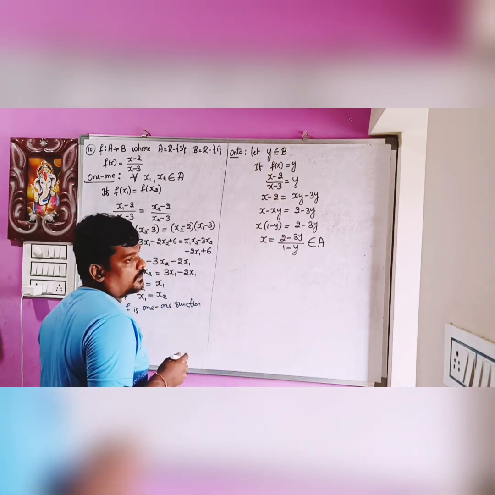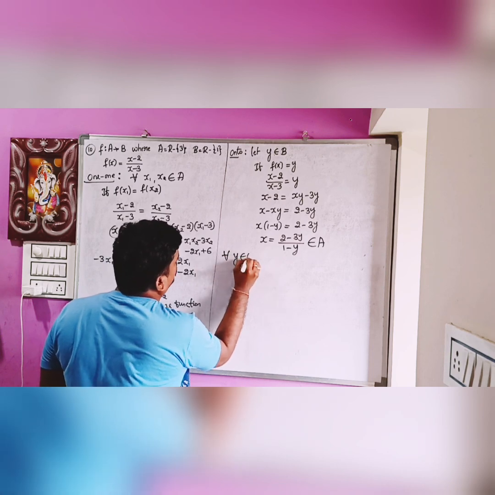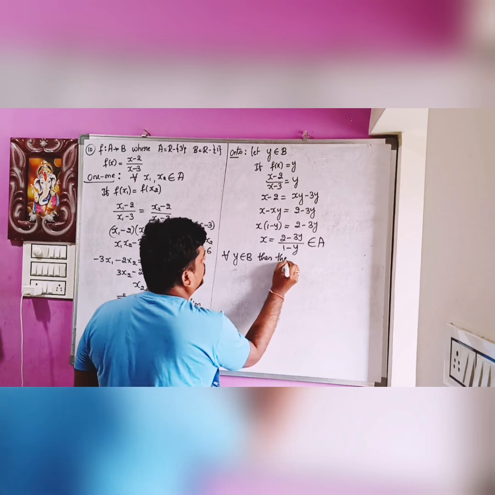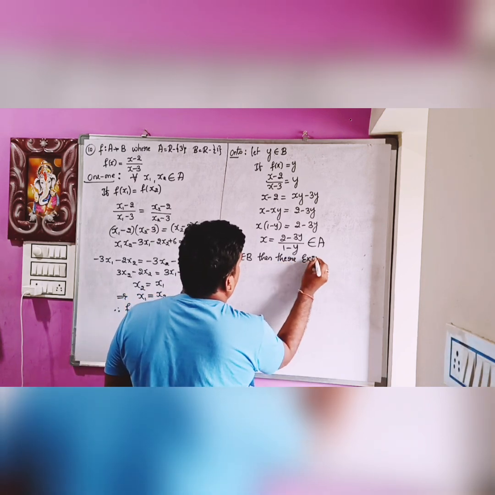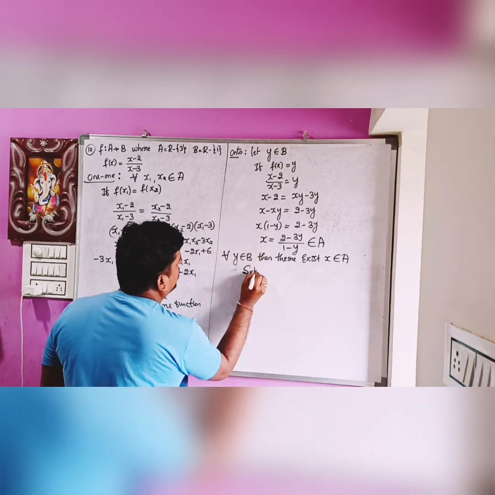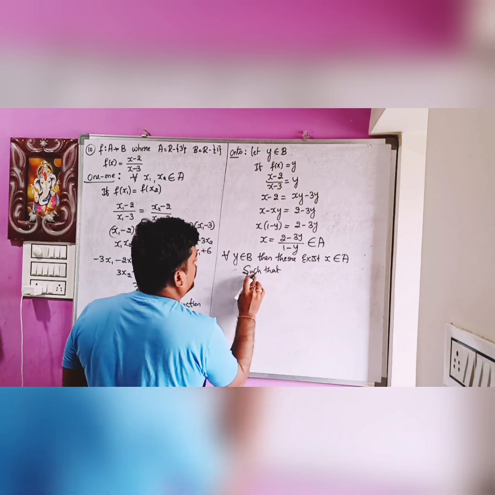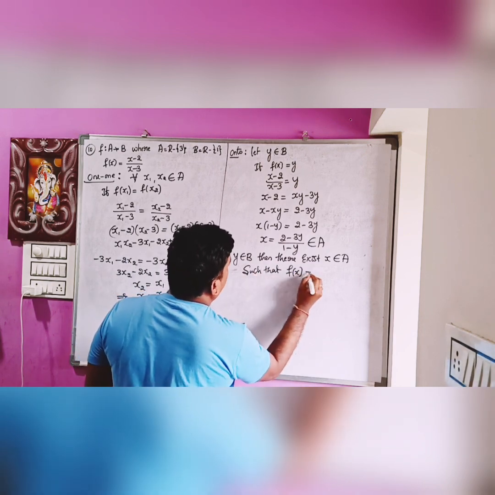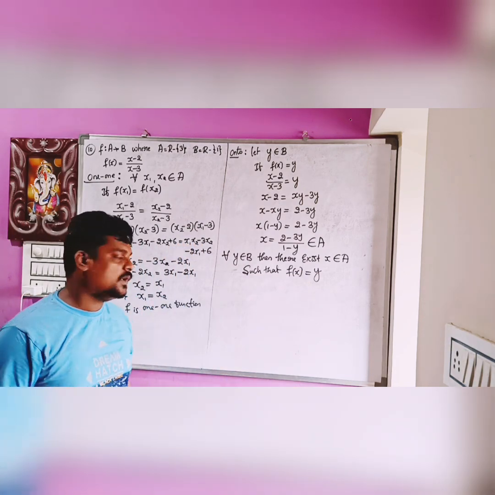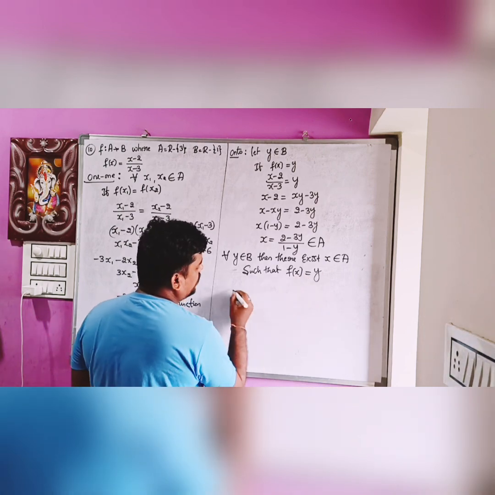So for all y belonging to B, there exists x belonging to A such that f of x is equal to y.